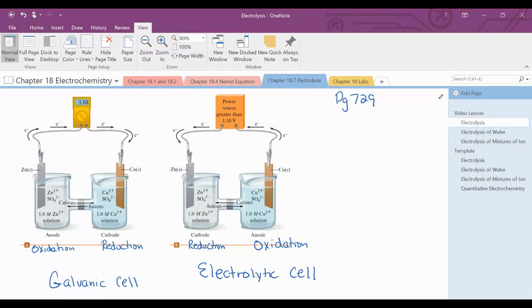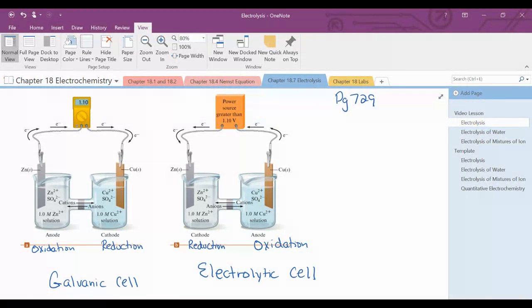The electron flow in both is anode to cathode. There is a salt bridge present, or a semi-permeable membrane present.